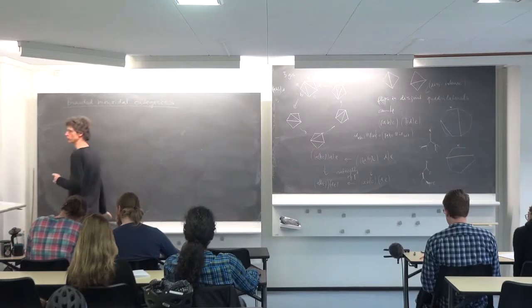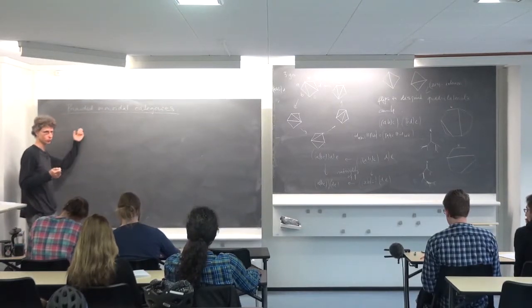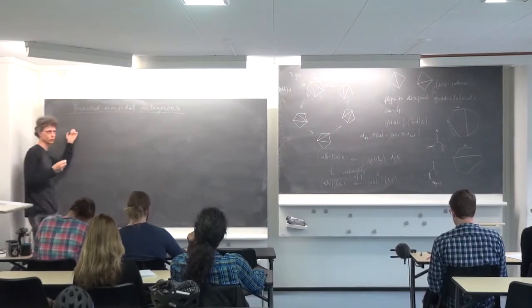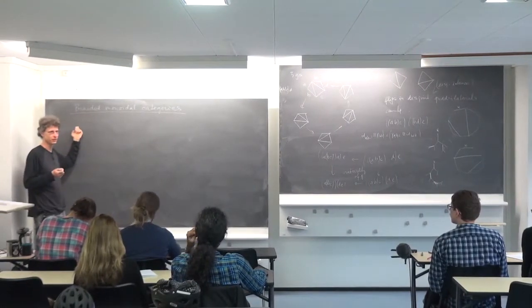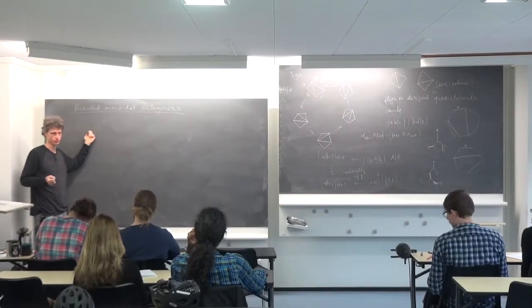So before the break, let me reformulate in this way. We're going to consider some groupoid. Groupoid, I don't know if you know the terminology, is a category where all morphisms are isomorphisms, so where everything is invertible.